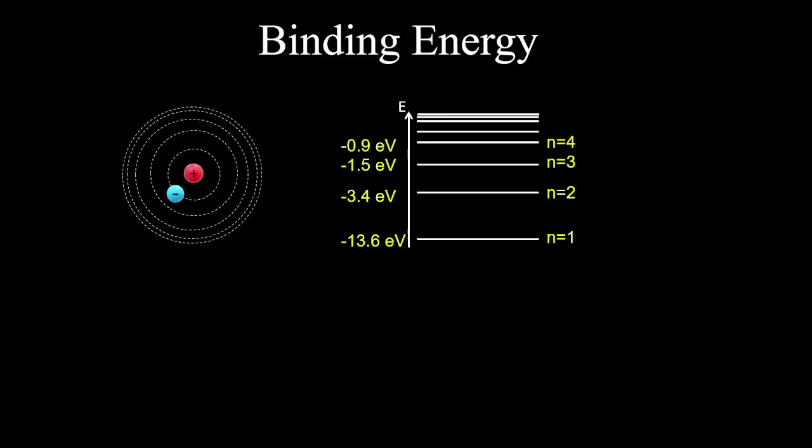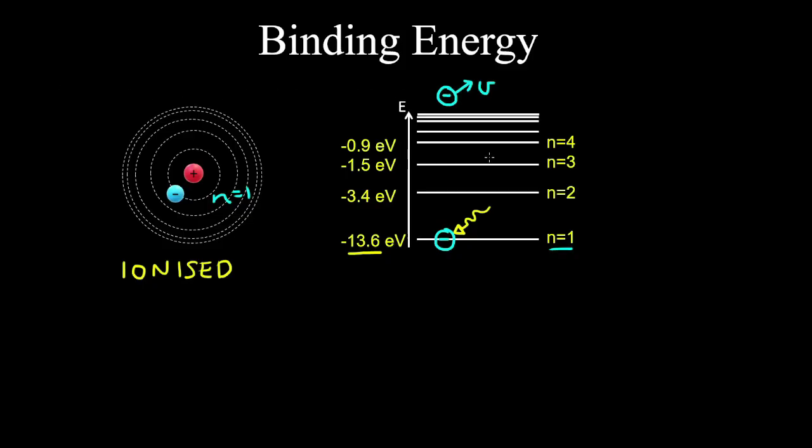The binding energy is the energy required to remove an electron from an atom, causing the atom to become ionized. So for example, if the atom was in the ground energy state, so the electron is in the first orbit, then if the electron absorbs a photon carrying 13.6 electron volts or greater, then the electron will get ejected from the atom.